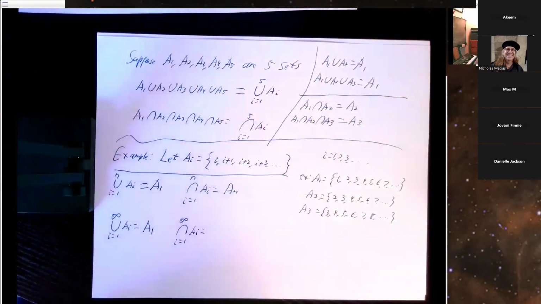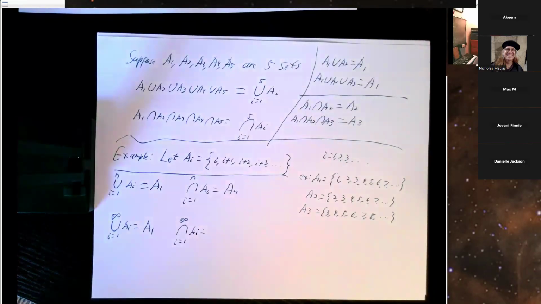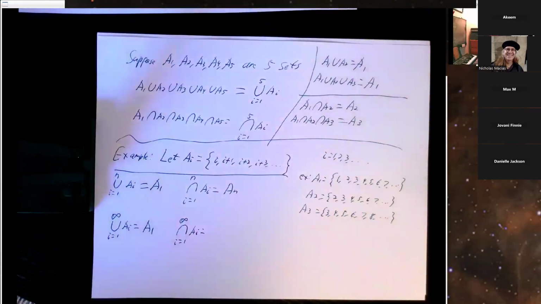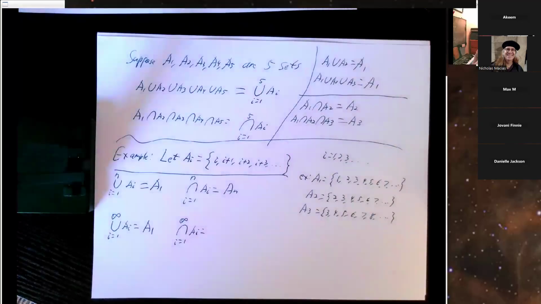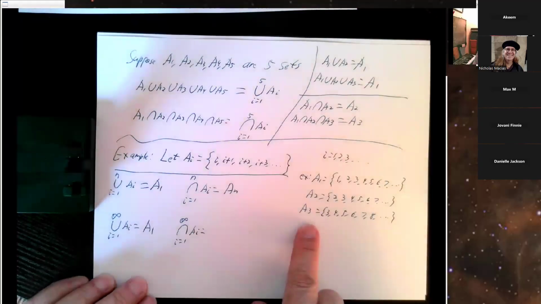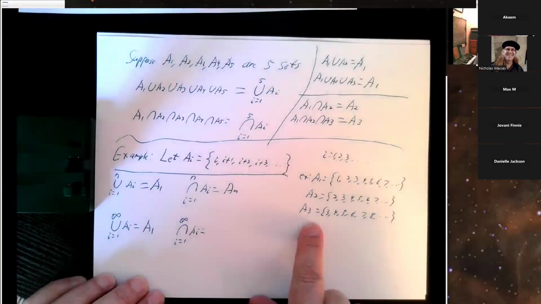All right, last question. What about the intersection of all of these sets? Infinity. Say again? A infinity. There is no A infinity. There's only A1, A2, A3. It feels like A infinity, but for A subscript something, that something has to be a number.